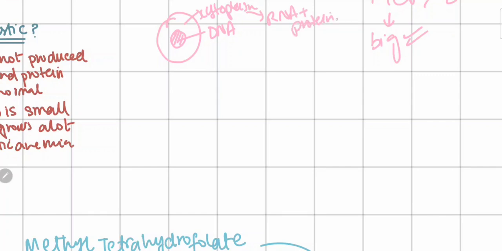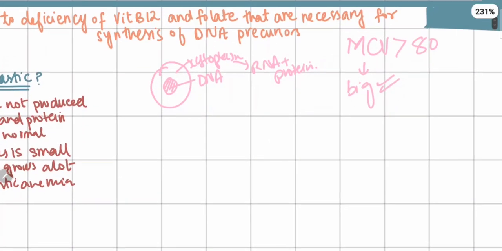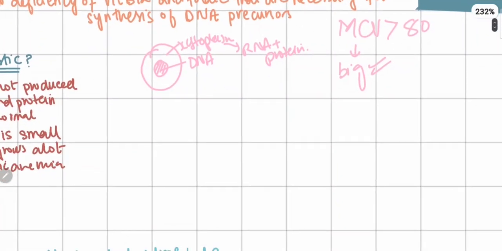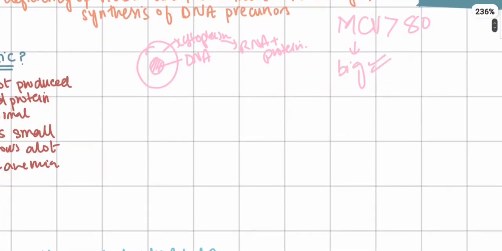The thing to know is that with folate and vitamin B12 deficiency, what really is getting compromised is the production of TTP, that is thymidine. Thymidine is important for DNA, but not for RNA. RNA does not have a T; instead of thymine, it has uracil. So RNA is not going to be affected, but DNA is going to be affected. That concept is important.